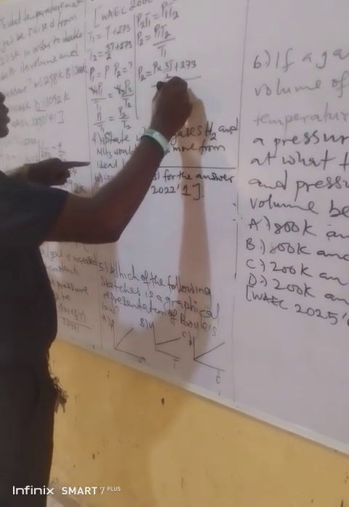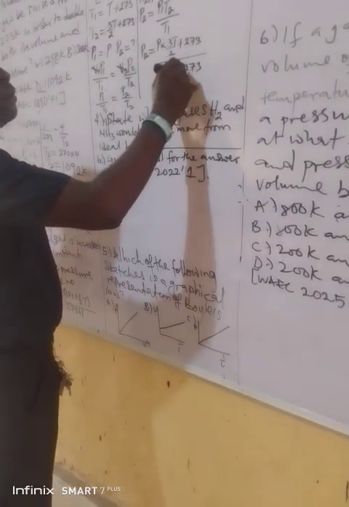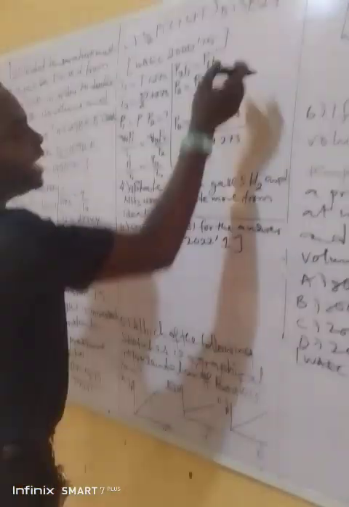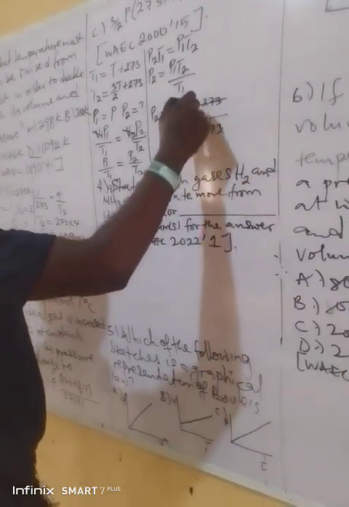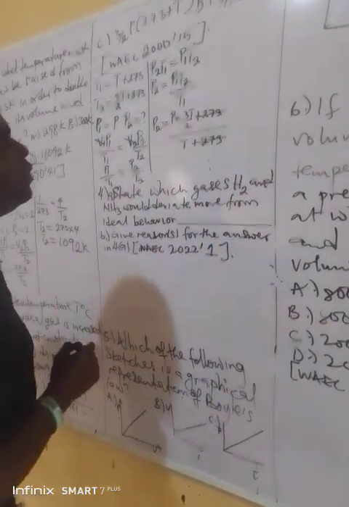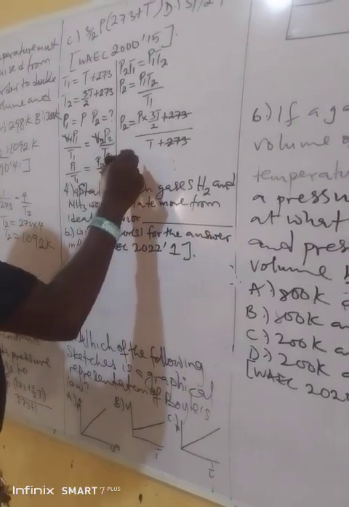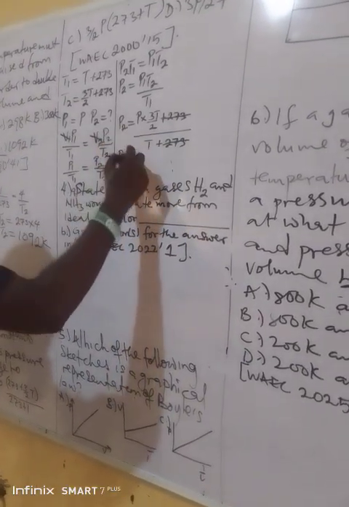T plus 273. This one will cancel this one. They are the same thing. So take this one away. So what do you have? You have P2 now equal to, bring them together.